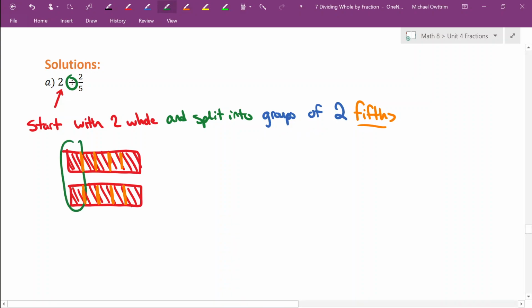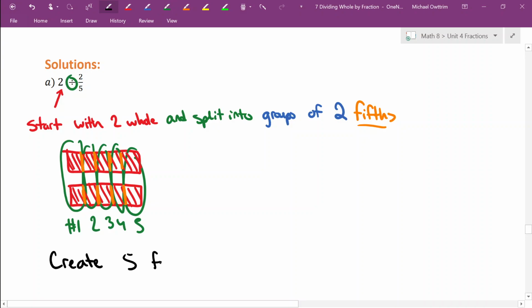So here's one group, that's group number 1, 2, 3, 4, and 5. And since we create 5 full or whole groups, then we can say that our quotient, our solution, is just 5.